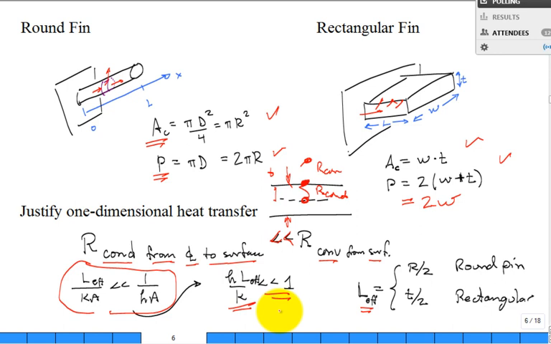But here, the breaking point typically is about 1/10. Okay? This is heat transfer. A lot of times we don't know our coefficients, our h's or our k's, that well. It's usually the h that's unknown with a higher degree of uncertainty. So if it's 1/10 or less, that's considered much, much less than 1.